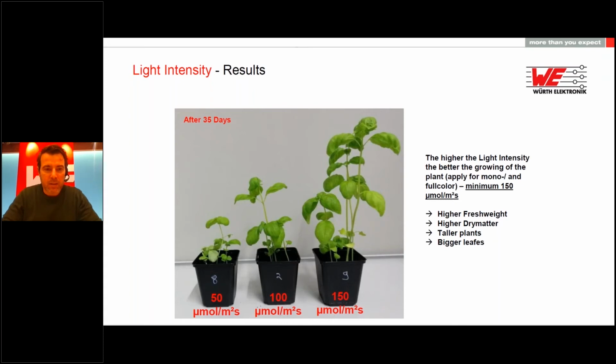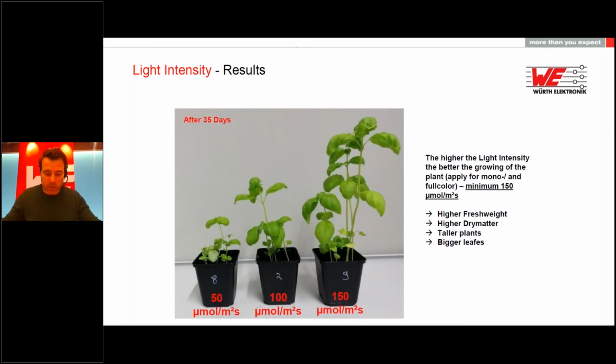As you can see here, after 35 days the difference in height between the plants is very visible, between a PPFD of 50 micromoles per square meter per second and a PPFD of 150. We see that the plant is almost 3 times higher and bigger, it has more leaves and more mass, and altogether the plant is a lot better.